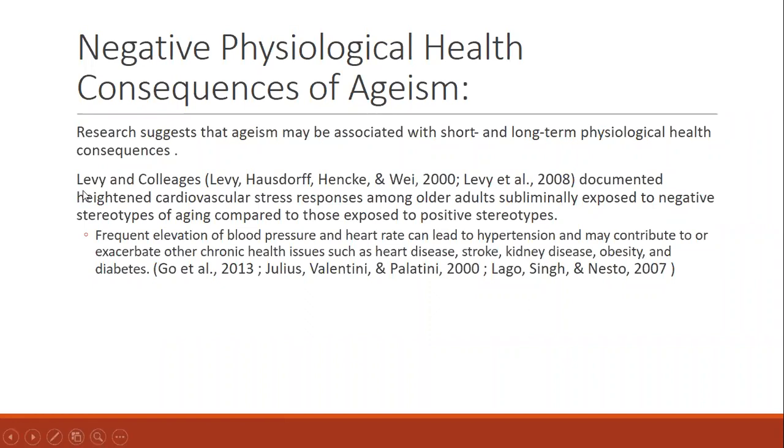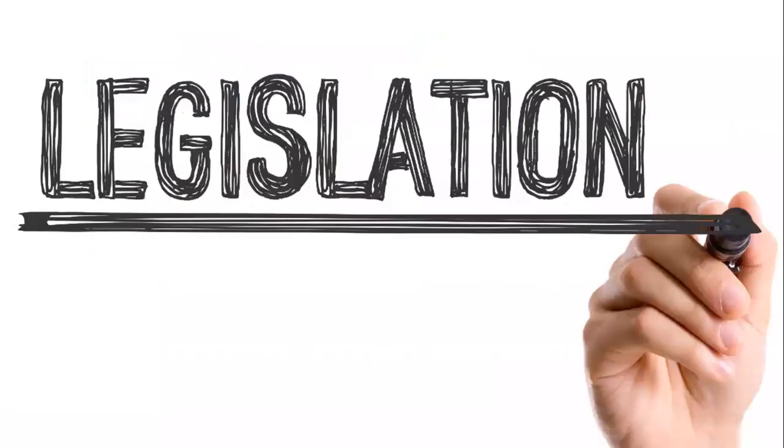That included high blood pressure and increased heart rate, which can also lead to hypertension, and that can exacerbate other chronic health issues such as heart disease, stroke, kidney disease, obesity, and also diabetes. So let's go on to the legislation.